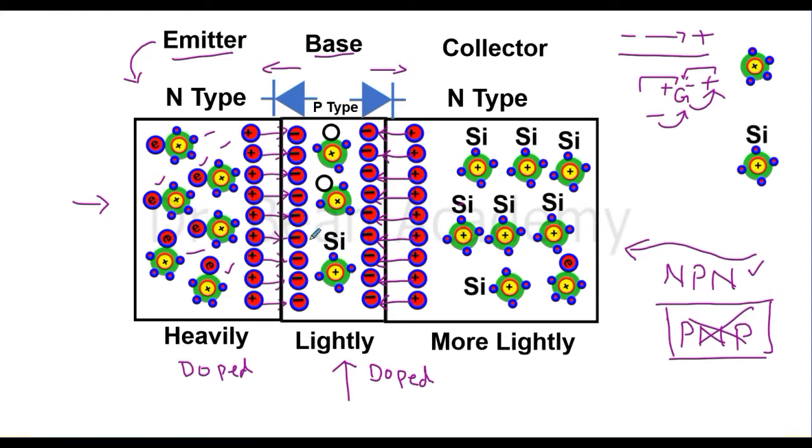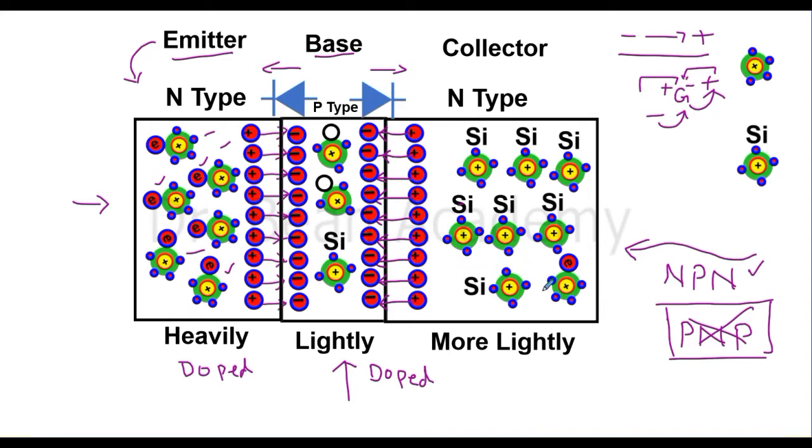For example, if it is in forward bias, because there is a junction here, then of course it will emit electrons. I mean, it is ready to give electrons if the situation is right.